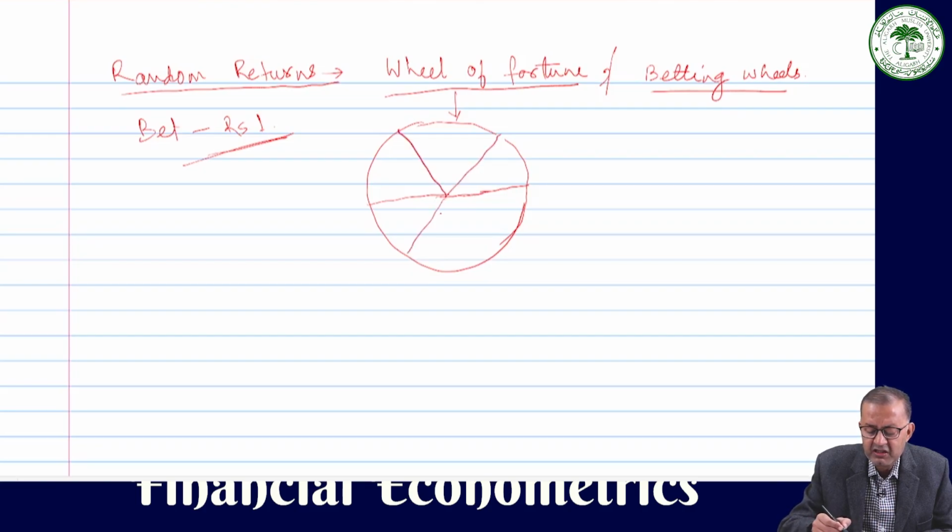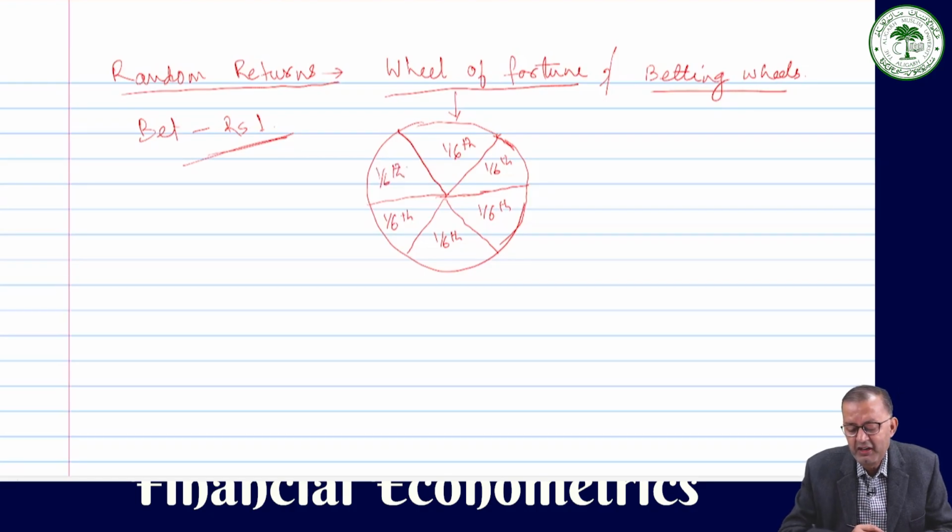We assume that these are equally divided areas. So each area constitutes 1/6 part, 1/6 portion, and so on for each of the six areas.